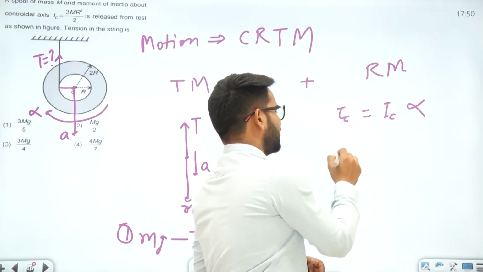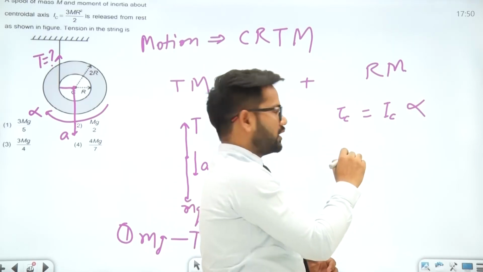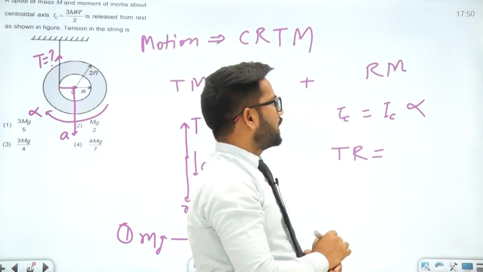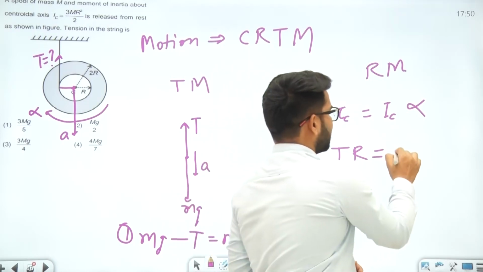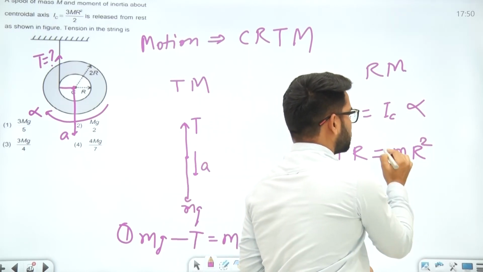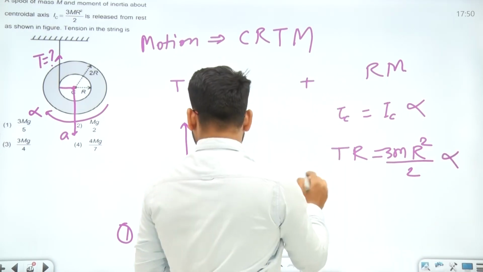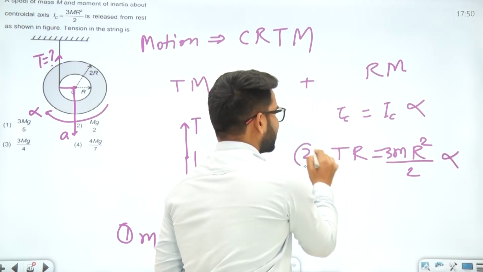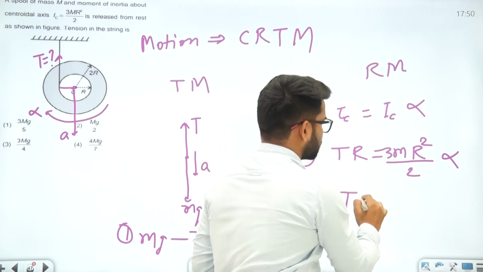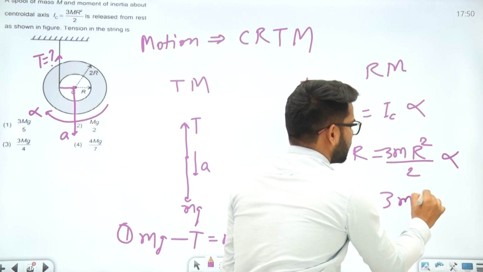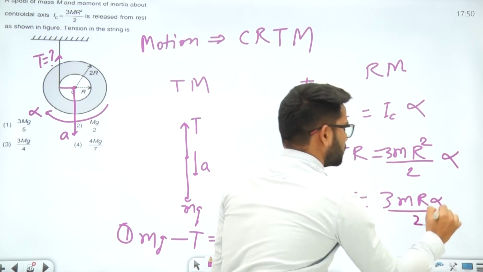So torque about C, mg has the torque 0 and tension has TR torque. IC we have given 3mr square over 2, and alpha. So see, we got the second equation, we can simplify this. So we will get T equals 3 m r alpha over 2.